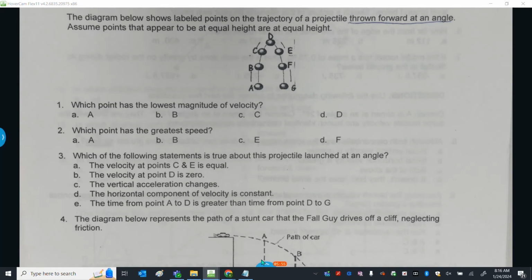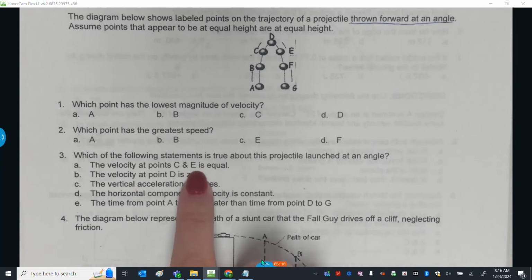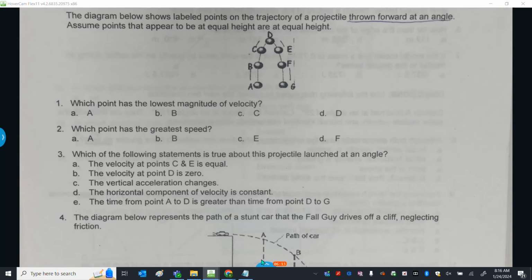Maybe one of these is 10 meters per second up and the other is 10 meters per second down. They would not have the same velocity. If this statement had said the speeds are equal, then you could have picked it. But because it says the velocities are equal, that is not true because the directions are not the same. One's up, one's down. So we cannot pick option A.